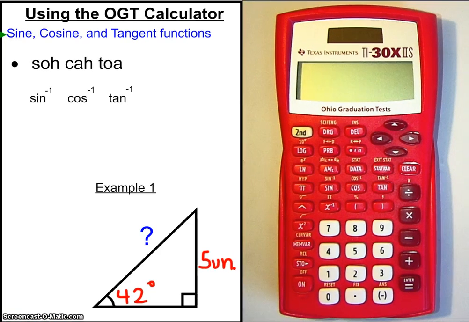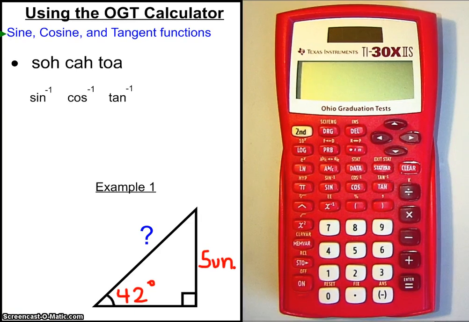Taking a look at example 1, notice we have a right triangle denoted by this little square in the corner here. We know an angle, this angle is 42 degrees. The opposite side of that angle is 5 units long, and the question mark denotes what we're actually trying to find. So this would denote the hypotenuse, sort of the longest side.